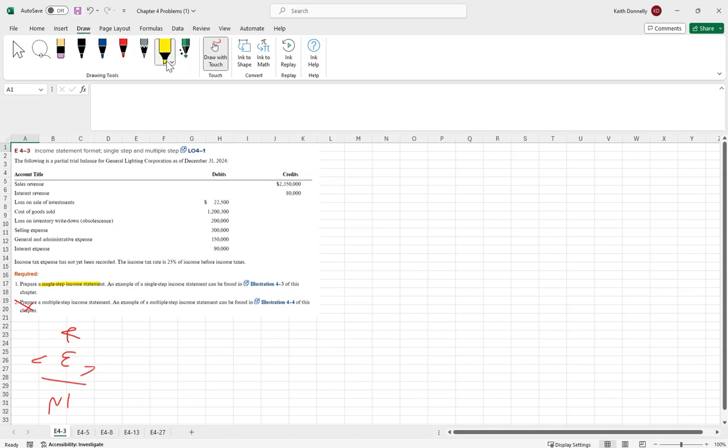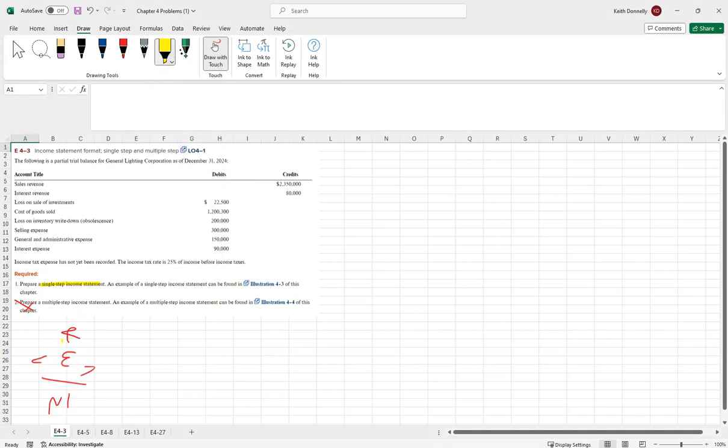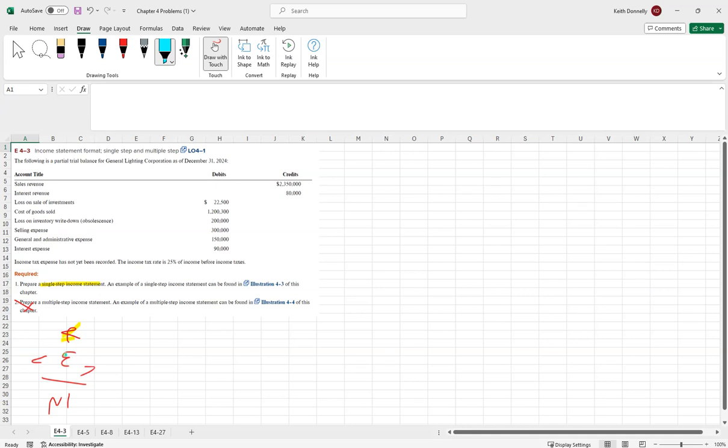All right, so let's make our revenues yellow, and then we'll make our expenses blue. Okay, so this is single step. This is straightforward. They're already basically giving us all the revenues. So we're going to have our revenues and gains as the title holder.